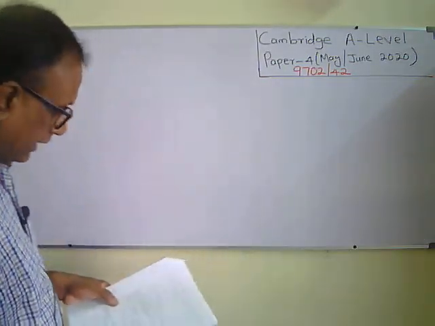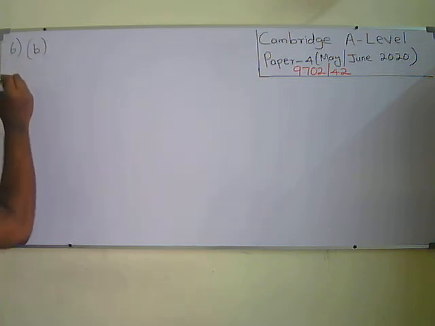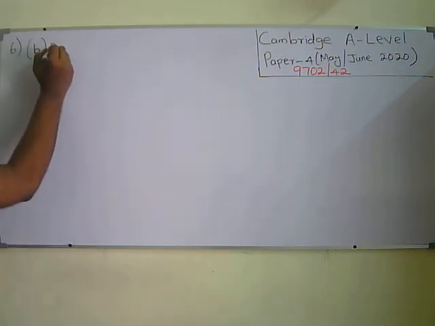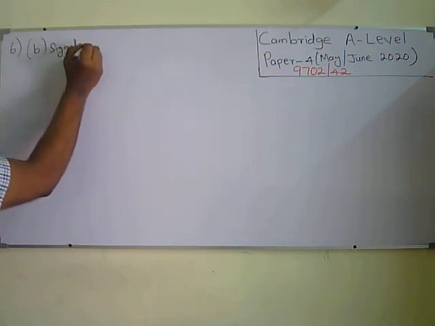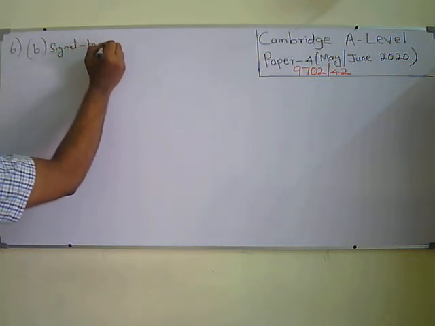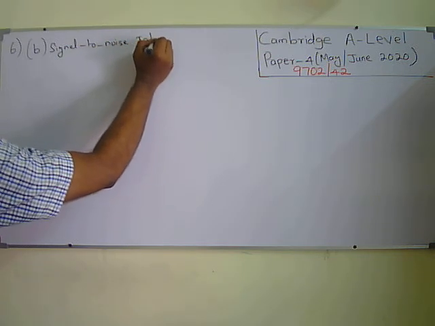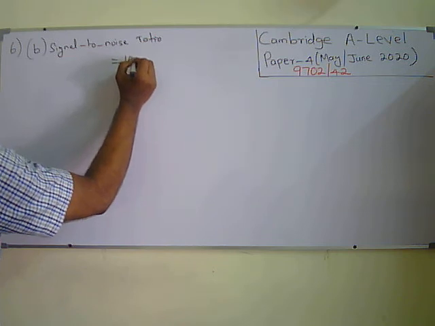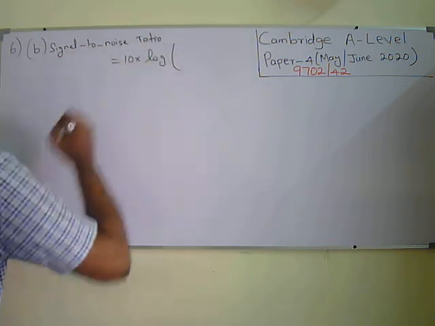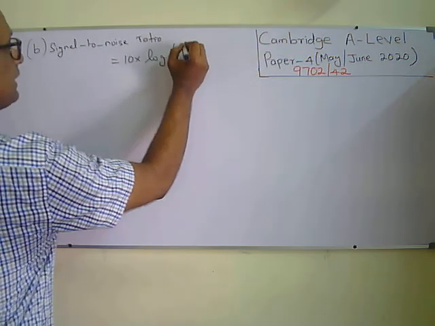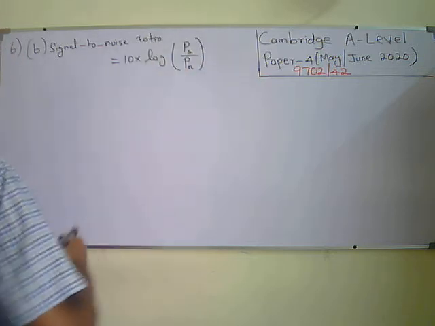Okay, so you know that signal to noise ratio in decibels is given by 10 times log of power of the signal divided by power of the noise.